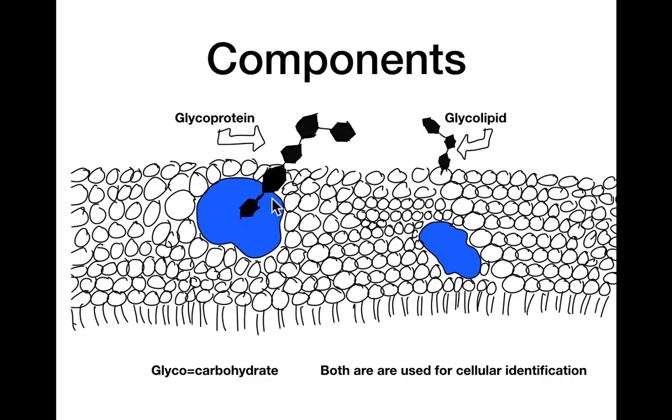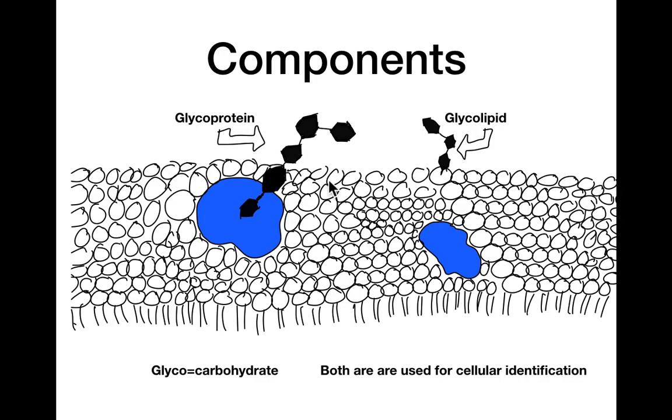These things really come down to these carbohydrates that are found on the outside of the cell, and that's how your white blood cells are able to distinguish what type of blood you have and know not to attack it. So they're vital in terms of our ability to establish cell-to-cell recognition.